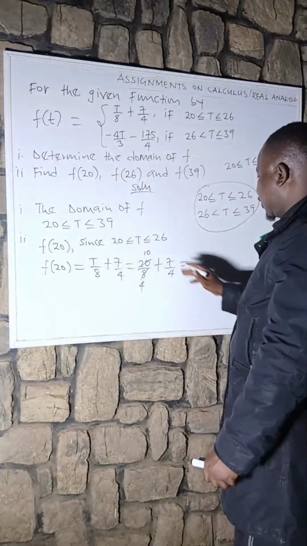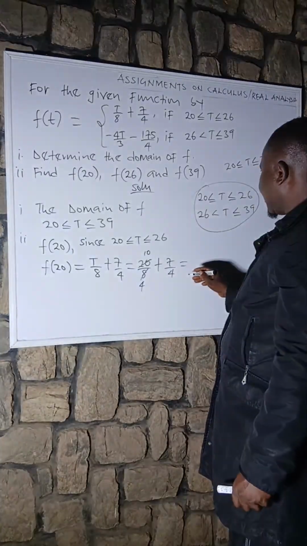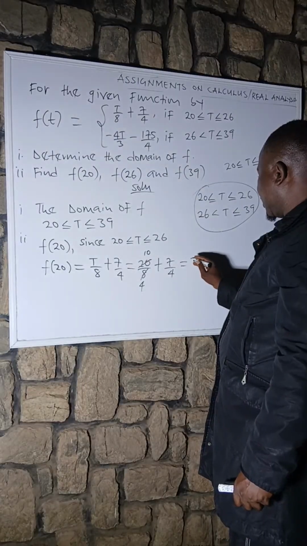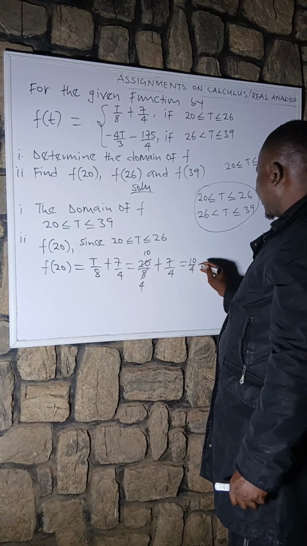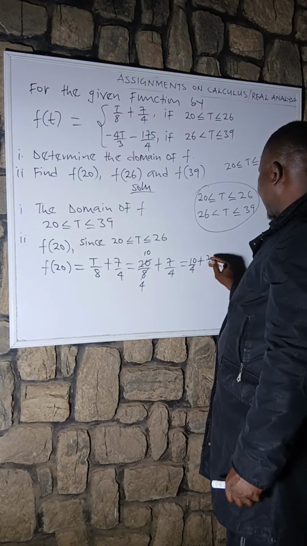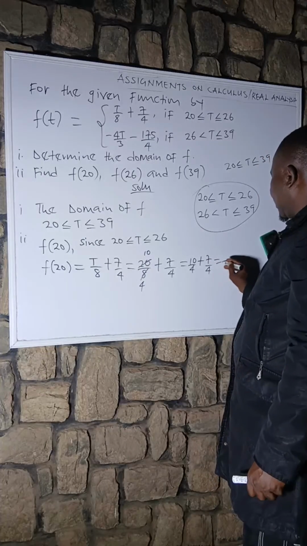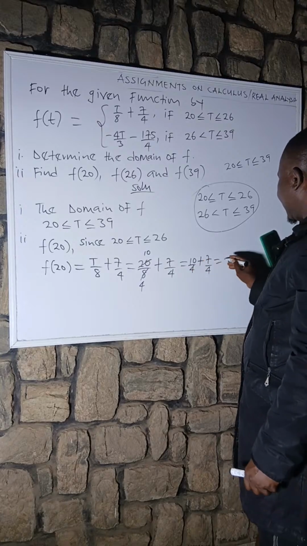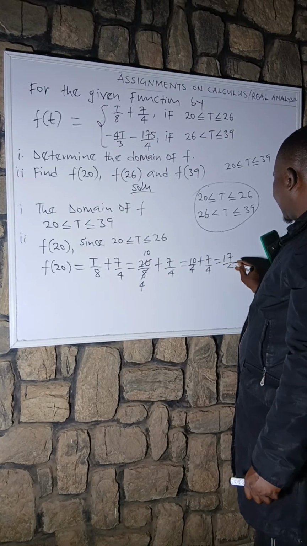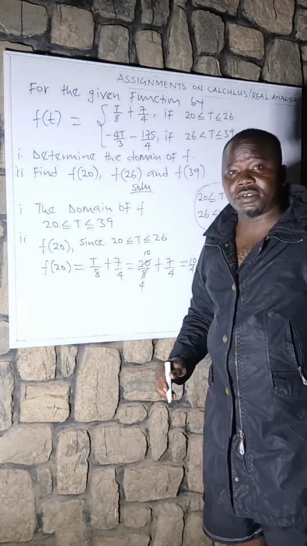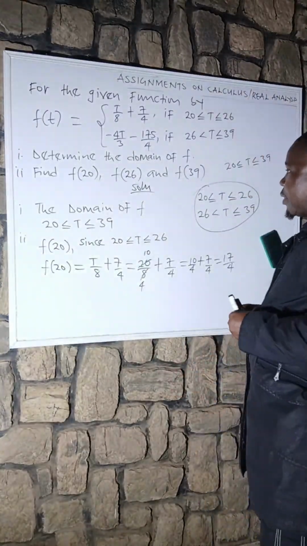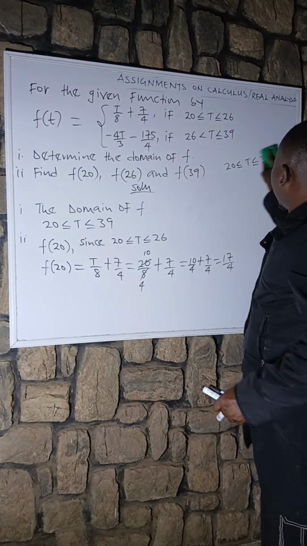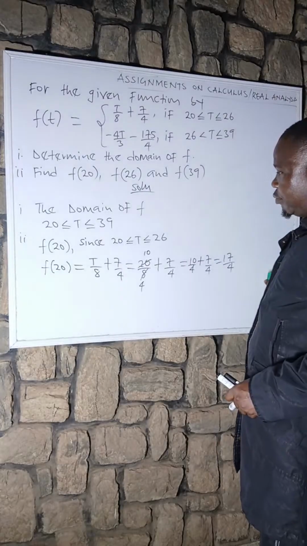Can you see now? So here is going to be 10 all over 4 plus 7 all over 4, which is equal to 10 plus 7 is 17 all over 4. This is how you are going to do it. Please take note. Then the other one is the same approach.